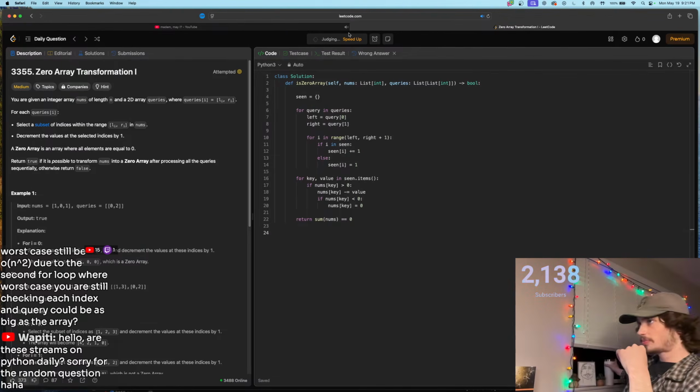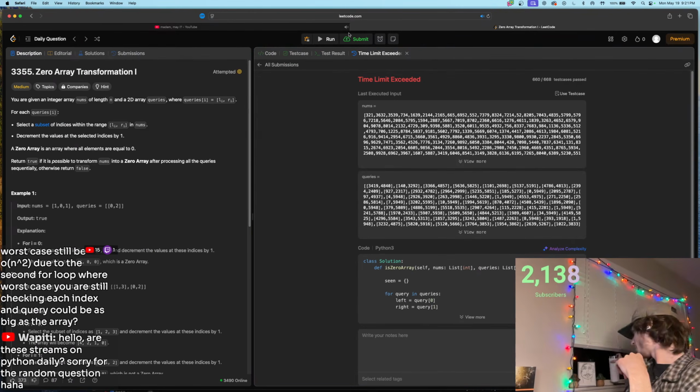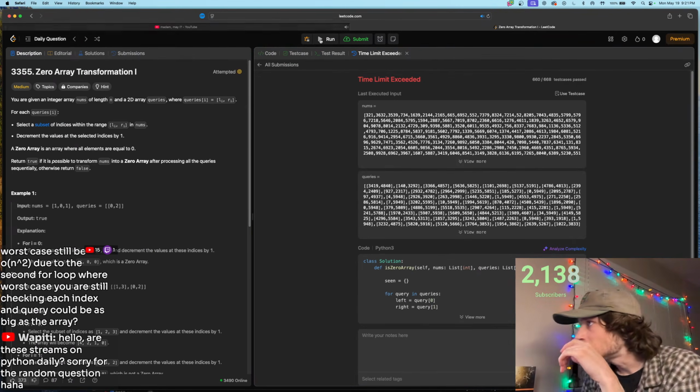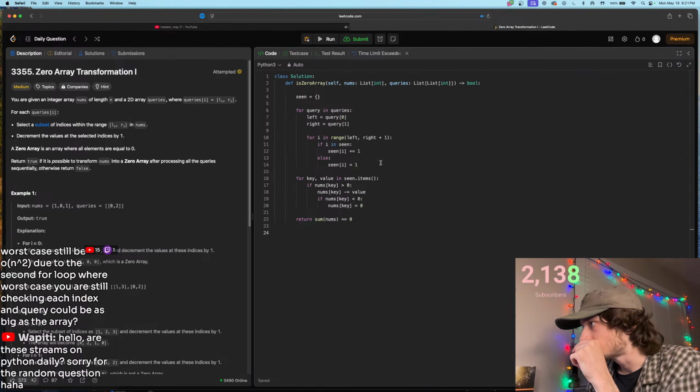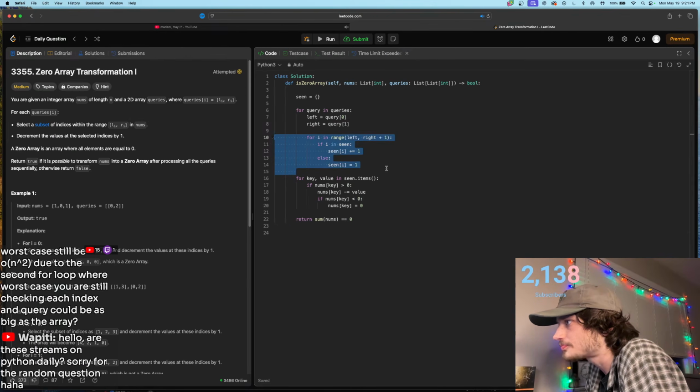Yes, this one's still pretty slow. Yeah, I still get TLE. So we're doing repeated work by doing this second for loop. It wants us to do this in linear time.